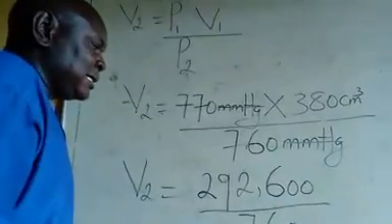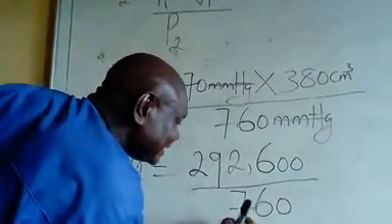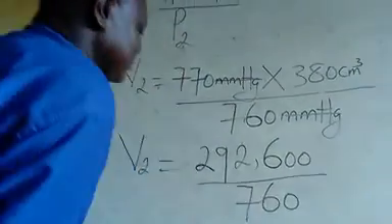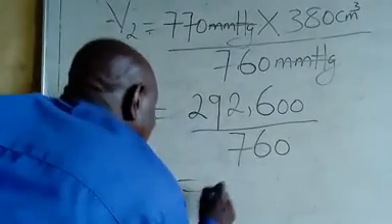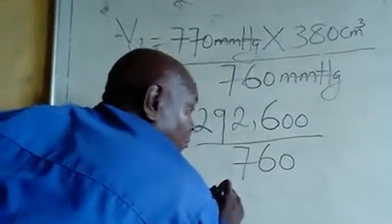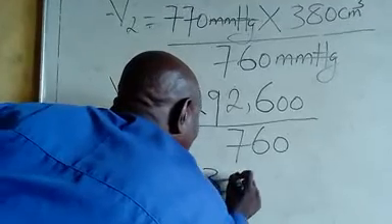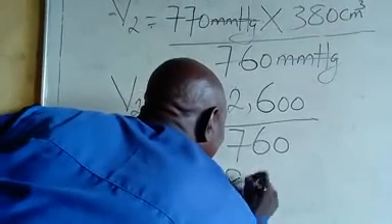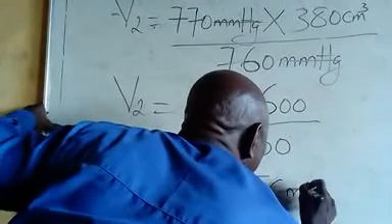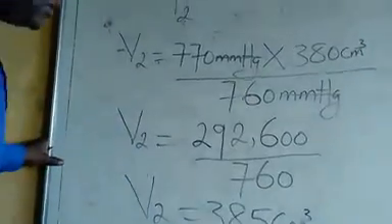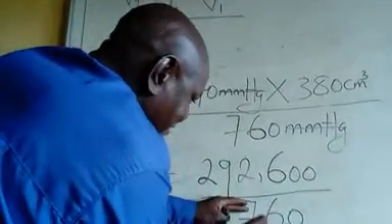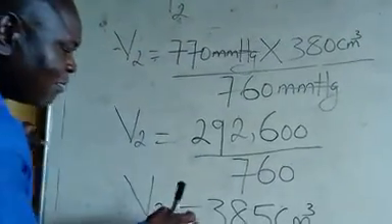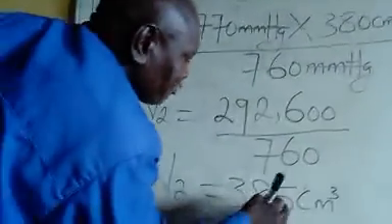292,600 divided by 760. The answer is 385 centimeter cube.